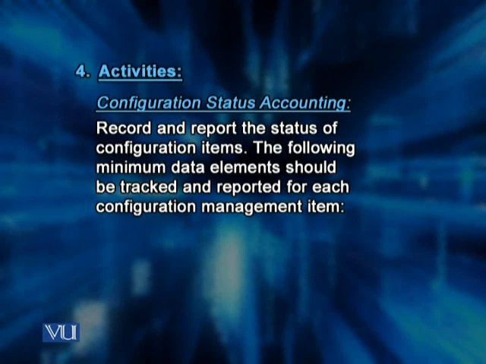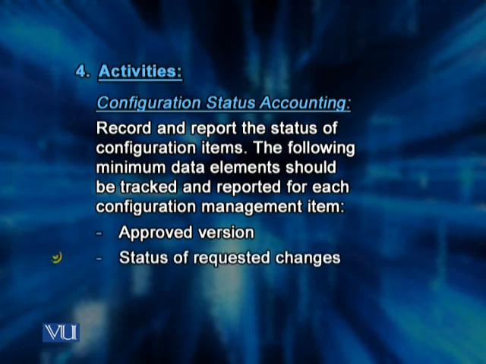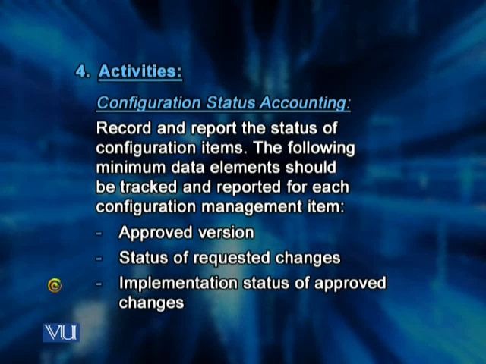The following minimum data elements should be tracked and reported for each configuration management item: approved version, status of the requested changes, and implementation status of approved changes. So if the changes have been approved, how far they have been implemented, and what is remaining in the implementation.